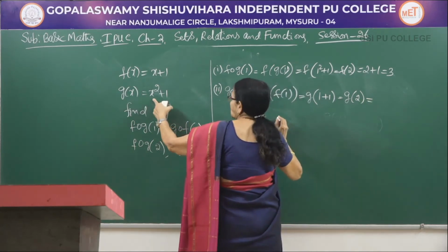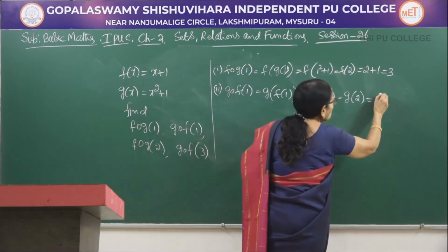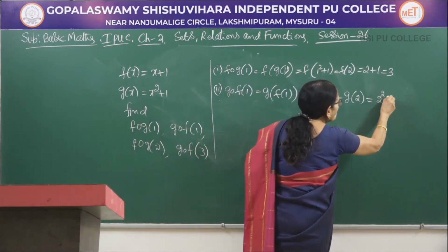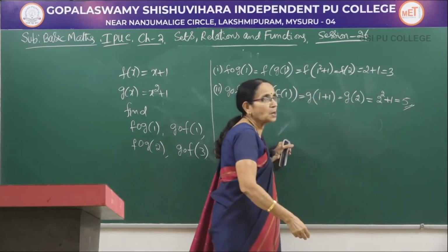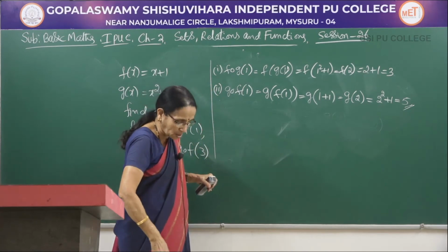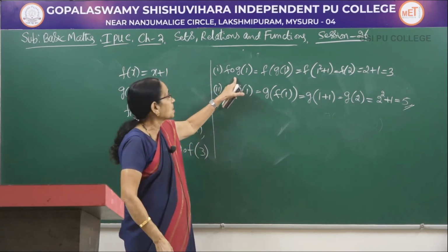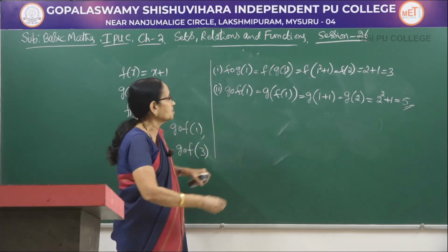Come to the definition of this one. x would be mapped onto x square plus 1. 2 would be mapped onto 2 square plus 1, that is 4 plus 1, that would be equal to 5. So while copying the problem you have to be careful, because by just interchanging we will be getting different answers here.